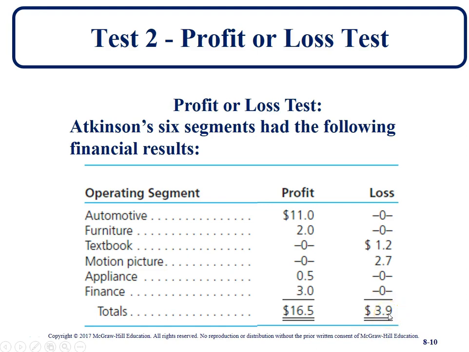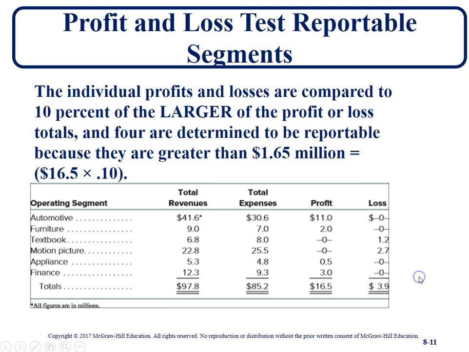So what we want to do is, again, look at 10% of the profit and loss of the business. We're going to apply that percentage to the larger, and that's important, the larger of the profit or loss totals. The profit is 16.5 million. The loss is 3.9.